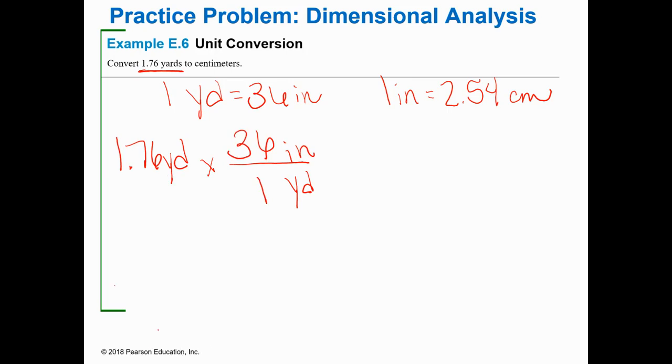Once we've used that, we cross out the unit that's on top and bottom. Okay, and then to know if we're done or not, we ask ourselves, is inches what the question asks for? No, it asks for centimeters, so we have to keep going. So inches has to go on bottom, and then my only other choice is centimeters. Again, plug in our numbers. Cross out our units.